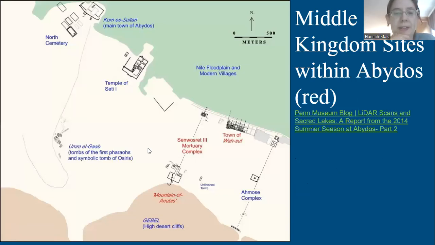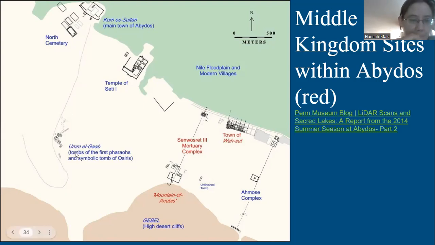This is a map of sites in Abydos that are mainly coming from the Middle Kingdom. So we have the main town, so where people lived. And then one of the main Middle Kingdom burial sites or cemeteries here.